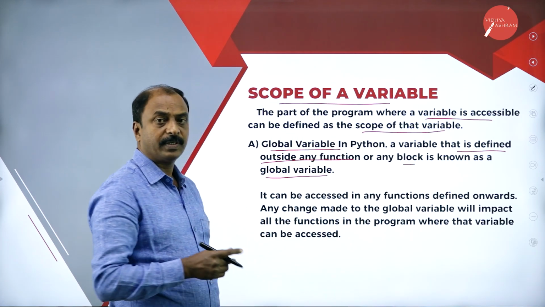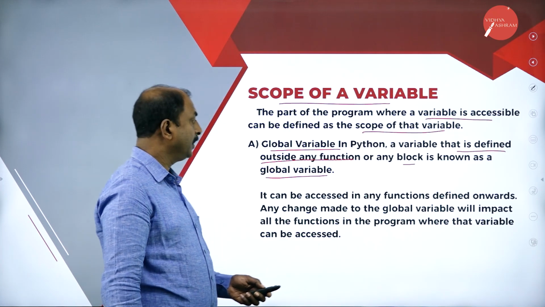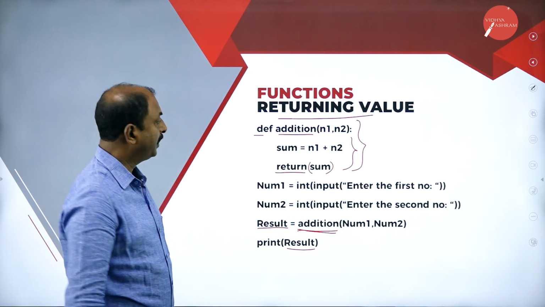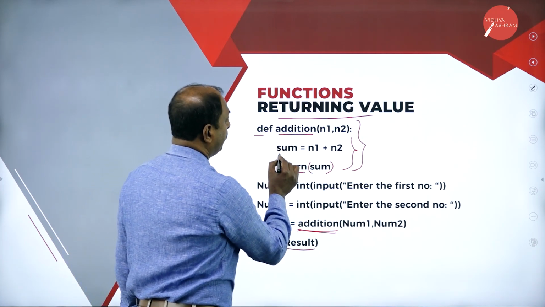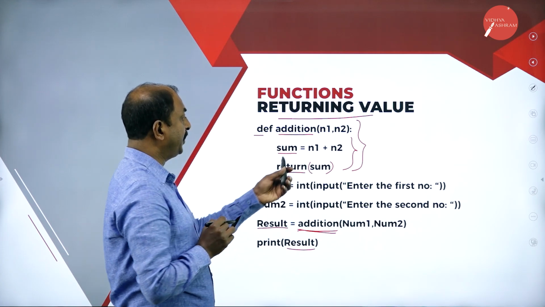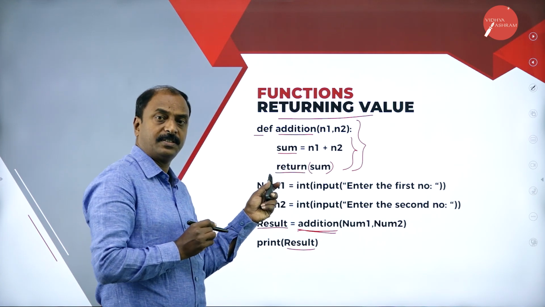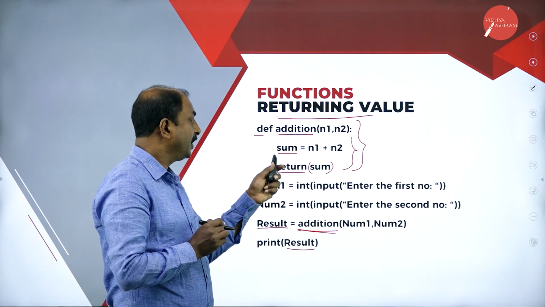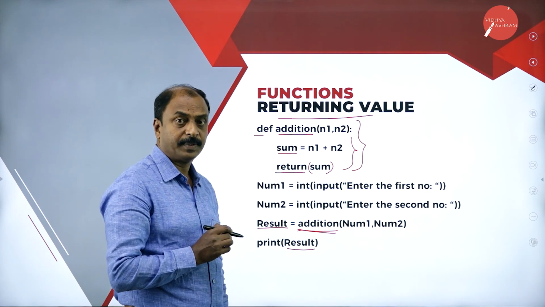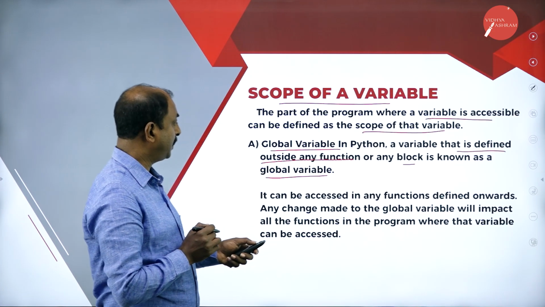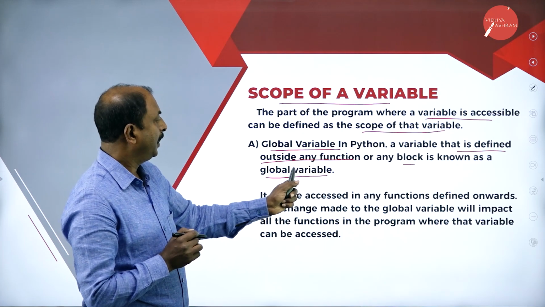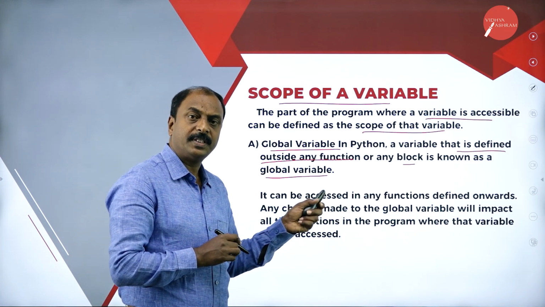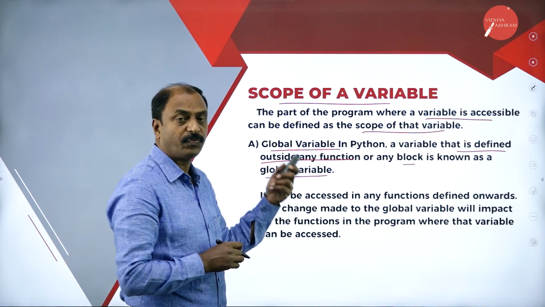As we have seen in the previous example, these are the variables. In this example, sum is a variable and it is defined inside this function, so it is referred to as a local variable. According to the definition, a global variable is one which is defined outside the function.